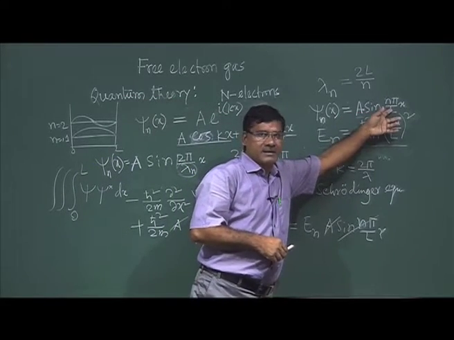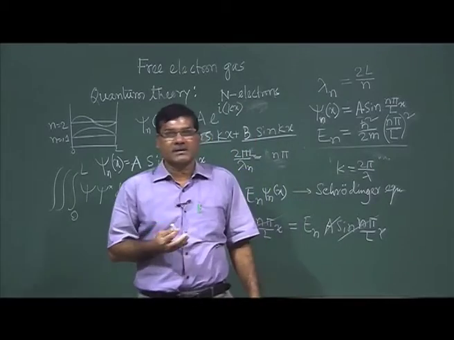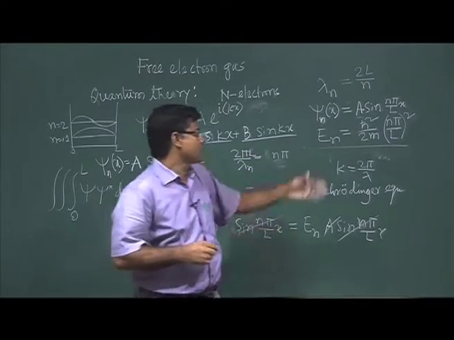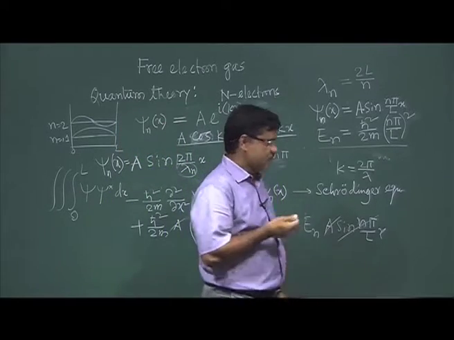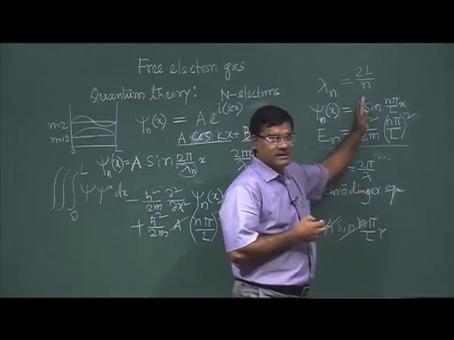Sin square theta equals 1 minus cos 2 theta, with the half. Because of periodicity cos 2 theta will be 0 and 1 will be there.